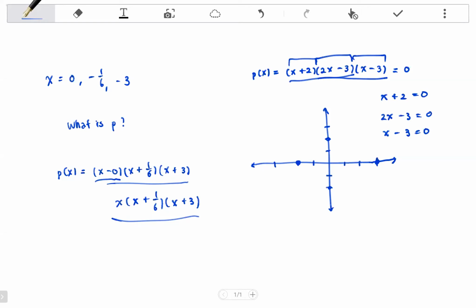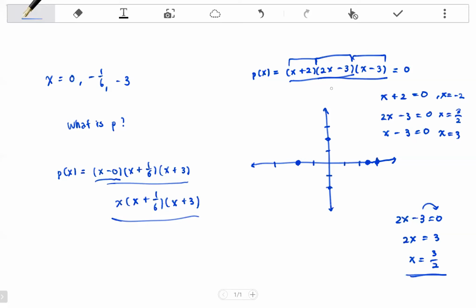And then this is how we solve. x equals -2. That's this point. Good job. x here is going to be 3/2 because 2x minus 3 equals 0. If we move 3 to the other side, 2x equals 3. Divide by 2 on both sides. x is 3/2. And the final one, x equals 3, is correct. So the middle one, we just plot it as 1.5, which is right here.